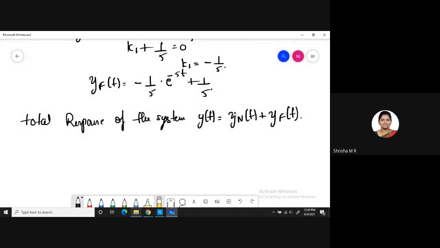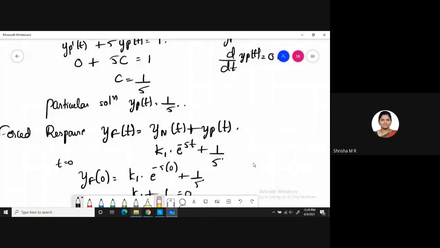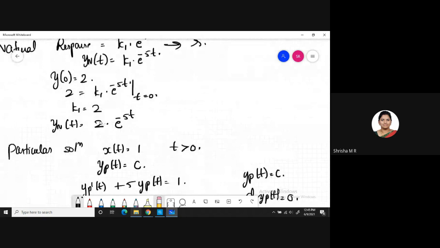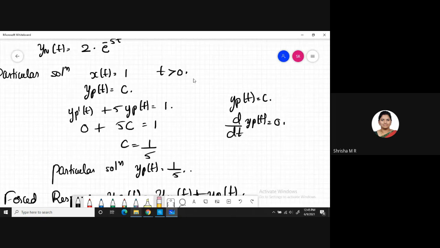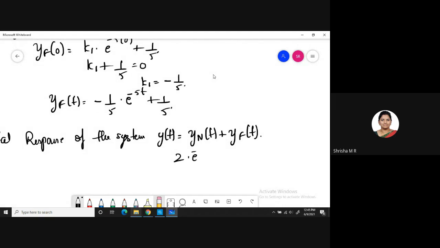What is yn of t? yn of t was 2 into e power minus 5t, and yf of t is minus 1 by 5 into e power minus 5t plus 1 by 5. We can combine these two, because both are of the form e power minus 5t.